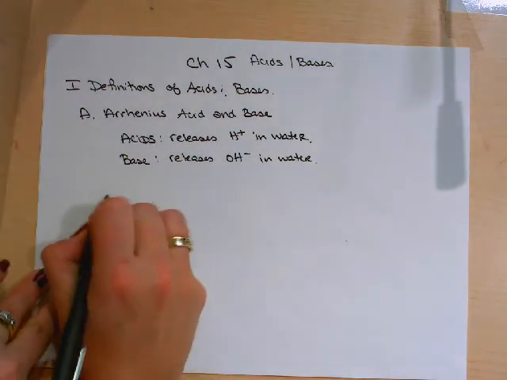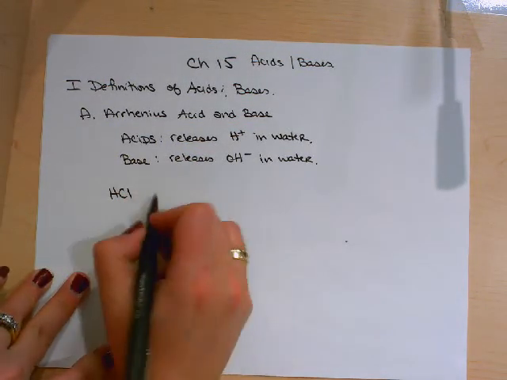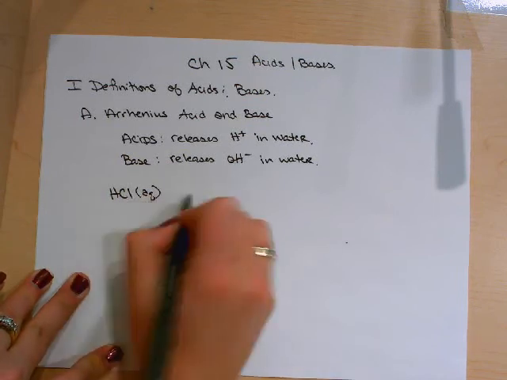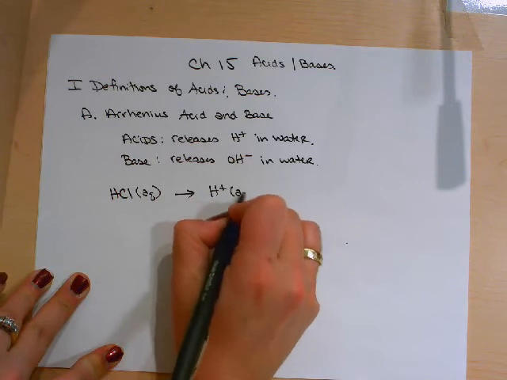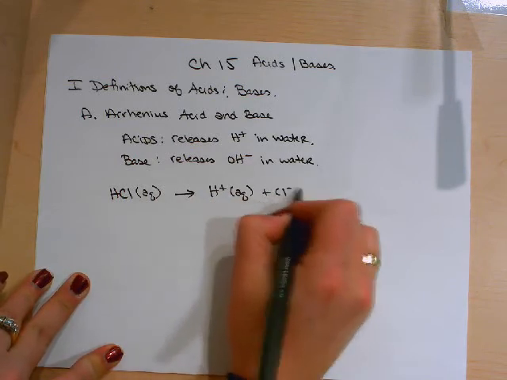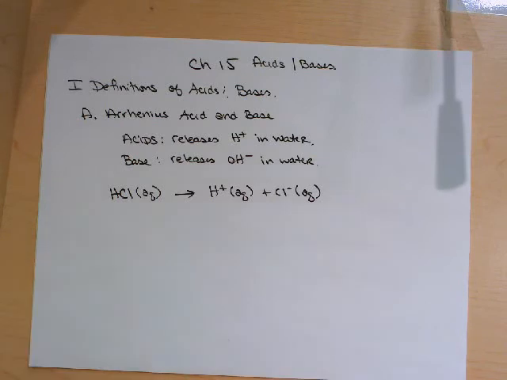If we use that definition, we can talk about hydrochloric acid. It is an acid because it releases protons. This is only a one-direction arrow, so what does that tell you about its equilibrium constant? It is so gigantic, it's impossible to calculate, right?